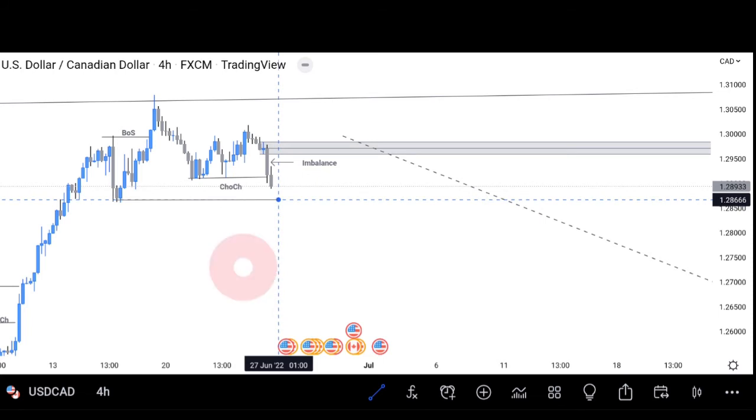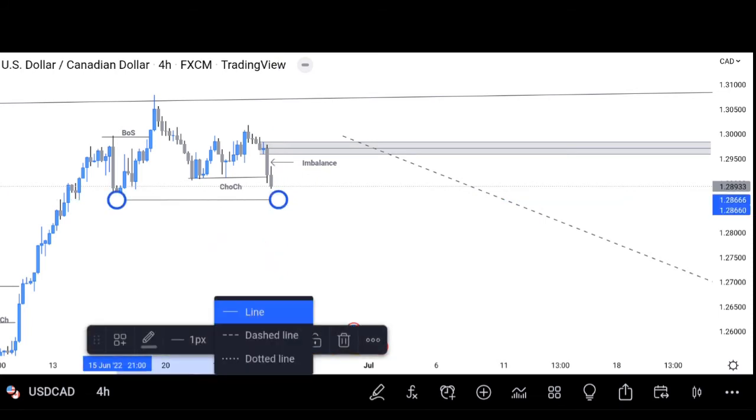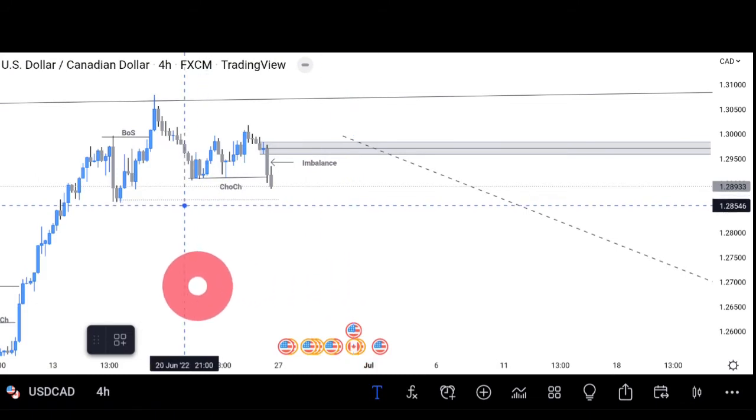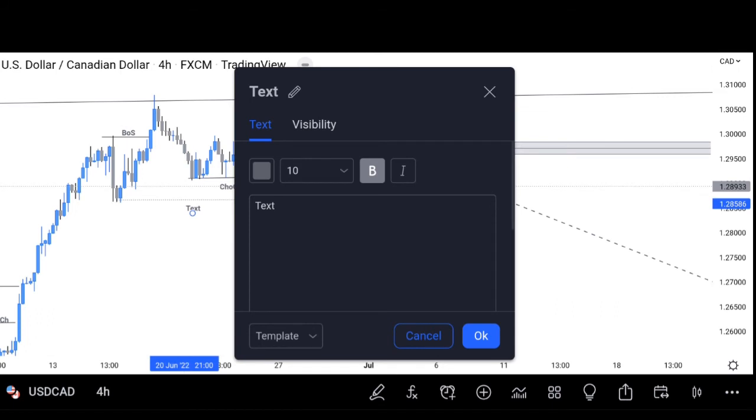So the market will break that higher low and create a new lower low.